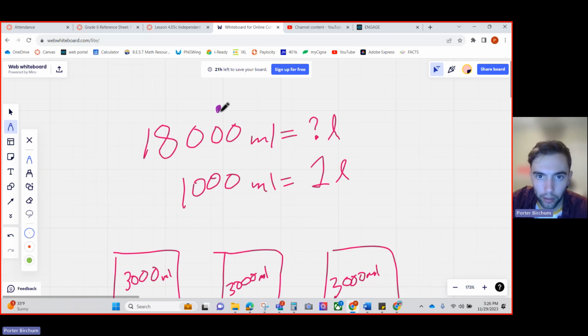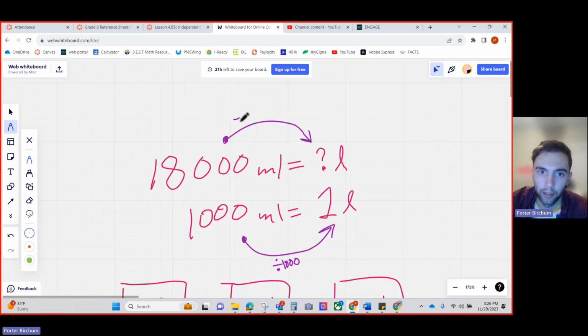We're trying to turn milliliters into liters. What can I do to the number 1,000 to get it to be the number 1? What multiplication or division strategy can I use on 1,000 to get it to be 1? Nice. I can divide 1,000 by 1,000. So to turn milliliters into liters, we can divide the milliliters by 1,000, following the same pattern.